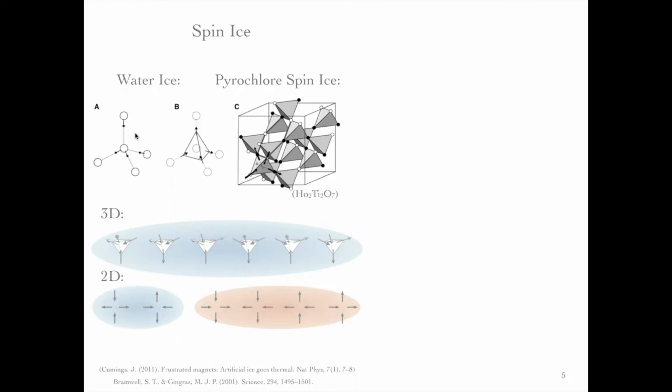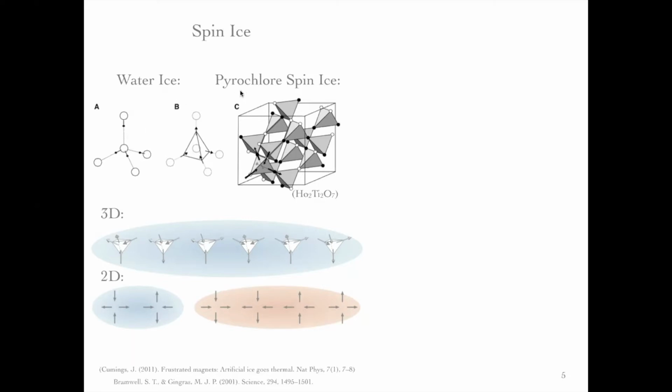And arrangements that satisfy this rule are said to satisfy the ice rule. So you can imagine that if you have a whole lattice of this water ice, which is a tetrahedral lattice, there are many possible configurations which satisfy this ice rule, having two hydrogens close and two far, which means that there's a large degeneracy of the ground state, which means that water ice has a non-zero entropy at zero temperature.